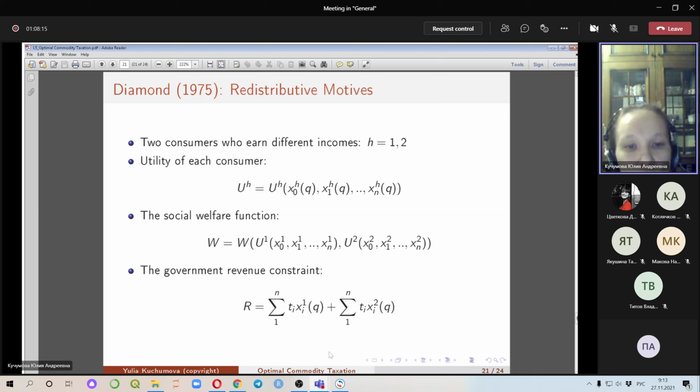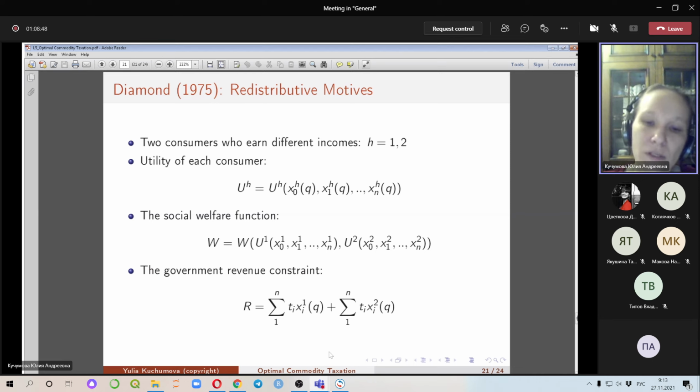Then we need a social welfare function to understand how social welfare depends on the utility of the first and the second consumer. So the social welfare function is denoted by W, and it depends on U1 and U2. And then the government revenue constraint is that the government needs to collect some amount of revenue R from the taxes.